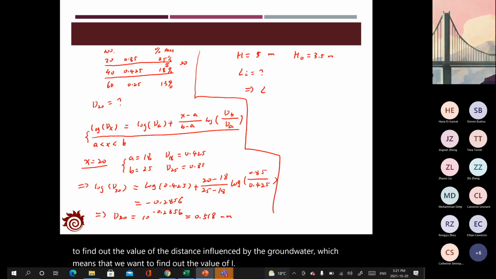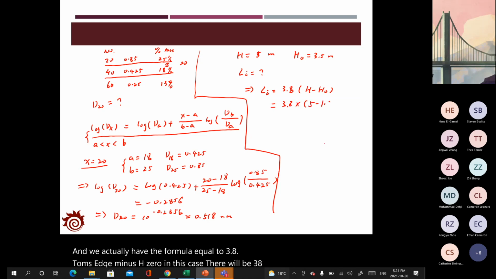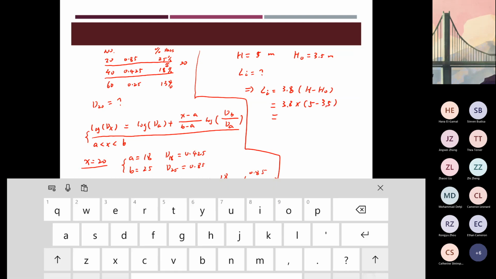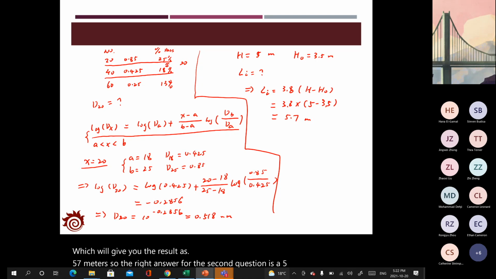We have the formula Li equals 3.8 times (H minus H0). In this case, that would be 3.8 times (5 minus 3.5), which gives you the result of 5.7 meters. So the right answer for the second question is 5.7.